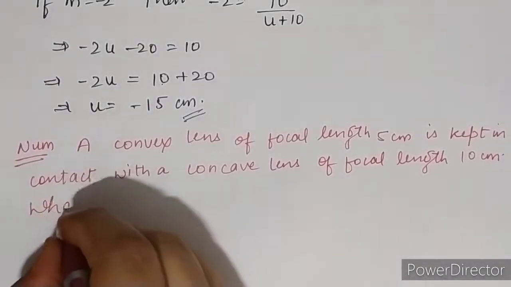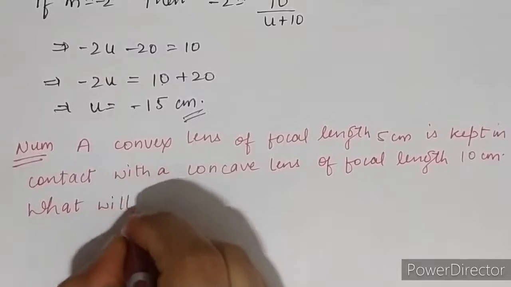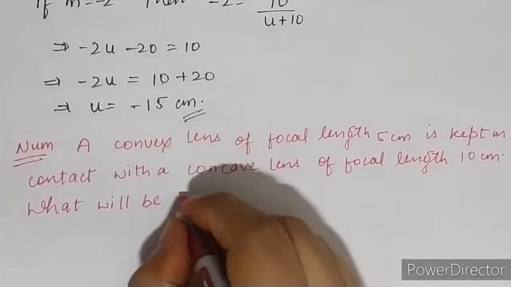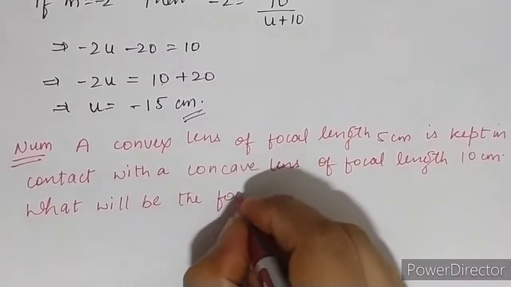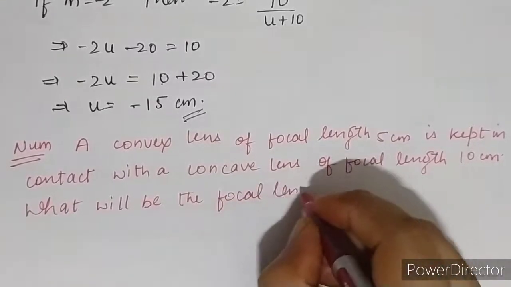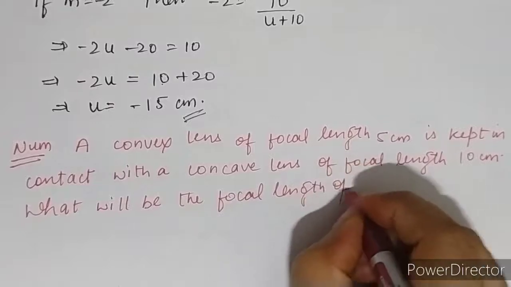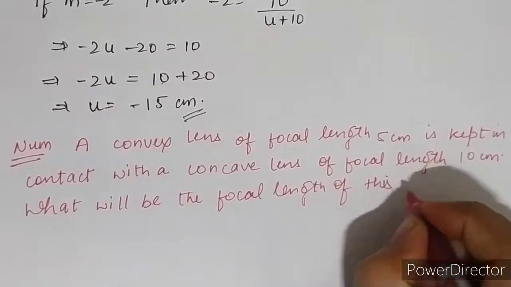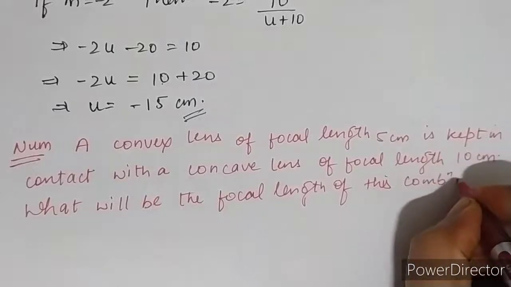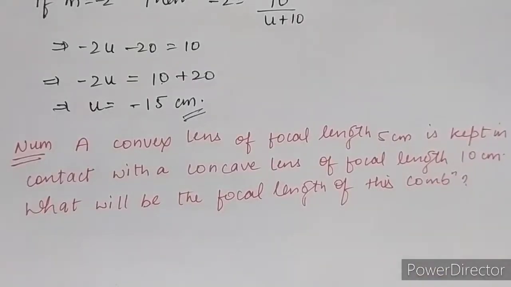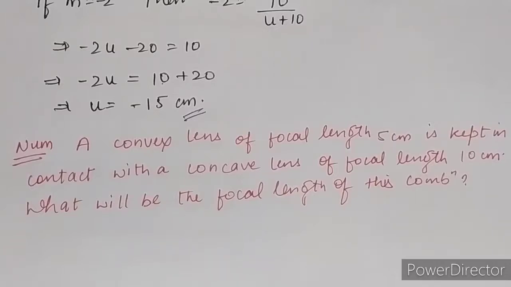What will be the focal length of this combination? Okay, there is a convex lens of the focal length of 5 cm which is kept in contact with a concave lens of a focal length of 10 cm. You have to find the focal length of this combination.